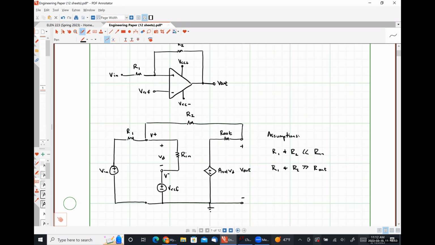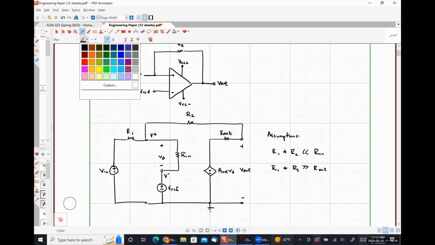The current flowing through R1 and R2 was much greater than the current flowing through our input resistance. So we are going to say that there's effectively no current flowing through the input resistance. Okay. So this is part of our assumptions here.